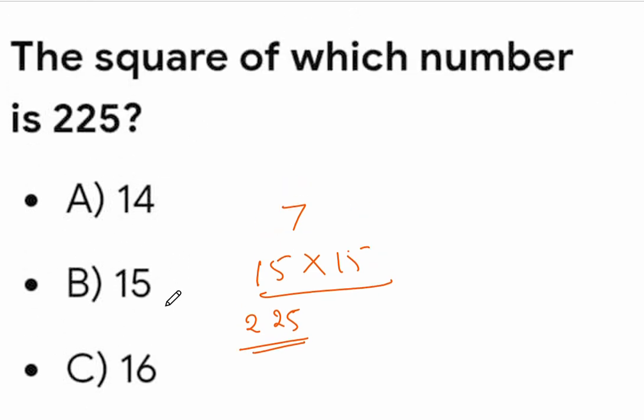Square means double, 2 times. So when you take 15 into 15, you'll get 225. So option B is the correct answer. When you take 14 into 14, 4 fours are 16, you'll get 6 at the end. 16 also, 6 sixes are 36, 6 you are getting. So when your number is ending with 5 and you multiply with another 5, you'll get 5 only in the unit digit. Okay, it's a very simple one.